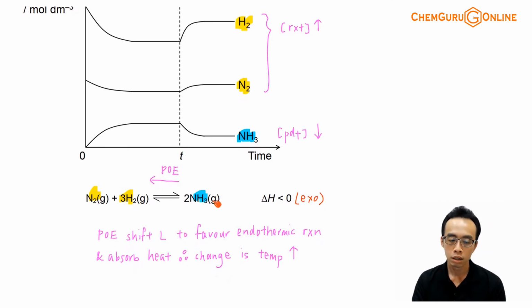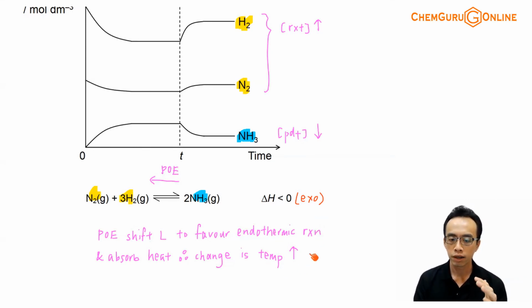Since the position of equilibrium is shifting towards the left and the reverse reaction is endothermic, the system is favoring the endothermic reaction, which absorbs excess heat. Since the system responds in a way to counter the change in POSE, if it is favoring the endothermic reaction to absorb excess heat, the change in POSE at time t must be an increase in temperature.